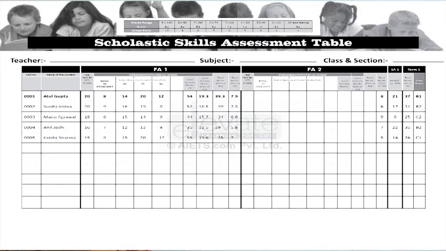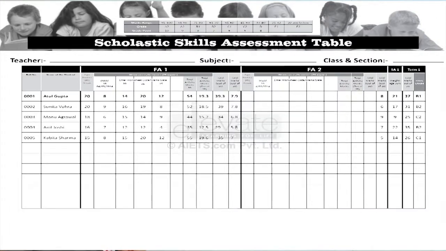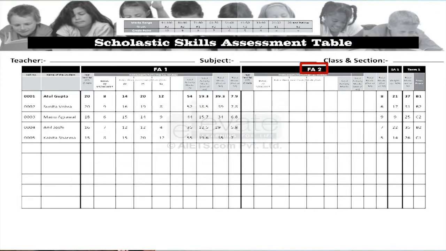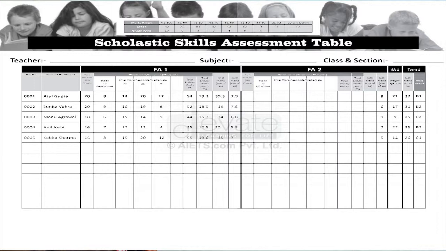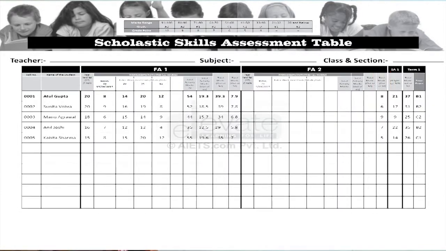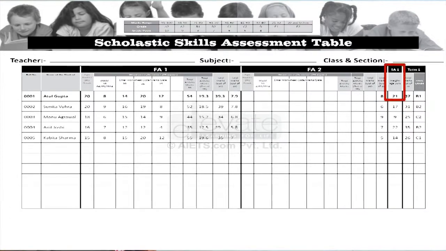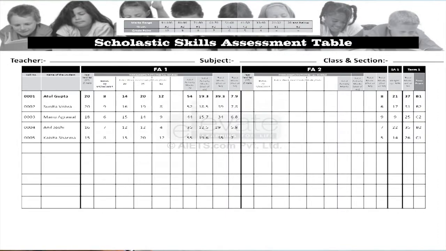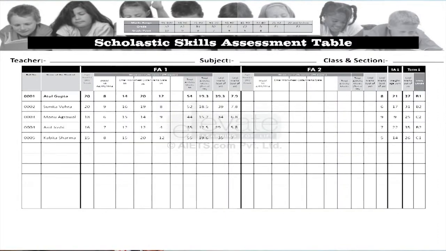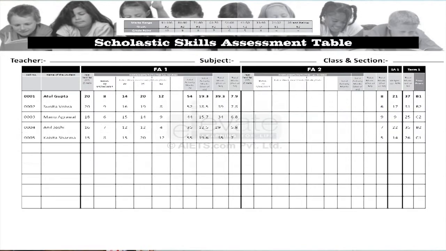He gets grade point 7.9, means 8. For FA2, we can simply see that he gets grade point 8, and then in SA1 he has got 21 marks out of 30. Recently we have done this. So this is 37 marks out of 50, and the grade is B.